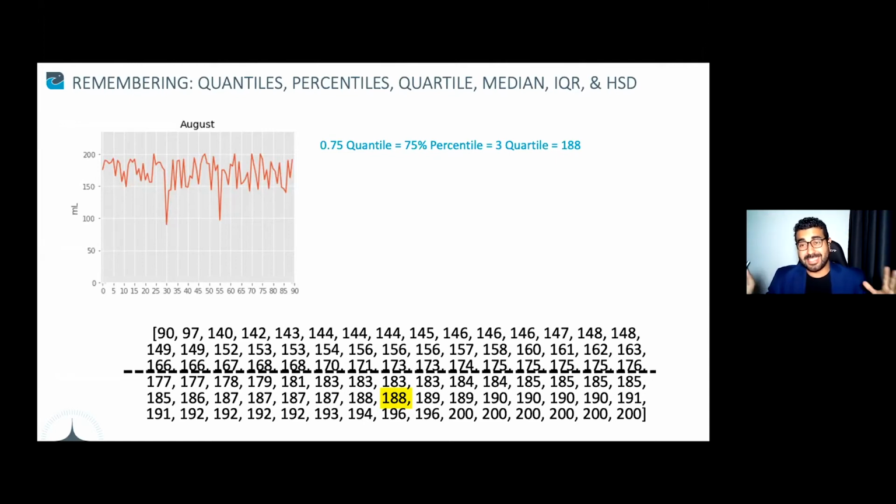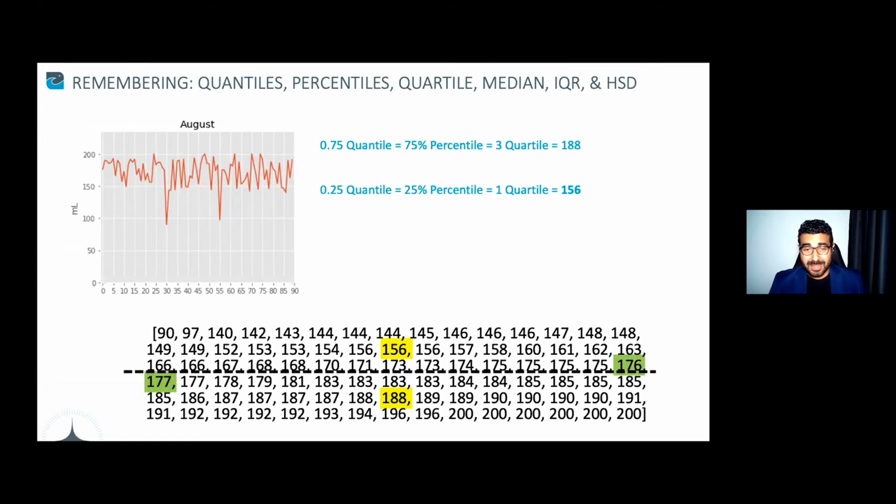The value is 180. If you look at the first part and I ask what is the element at the middle, you would say 156. And indeed, this is called the 0.25 quantile, 25th percentile, or first quartile.